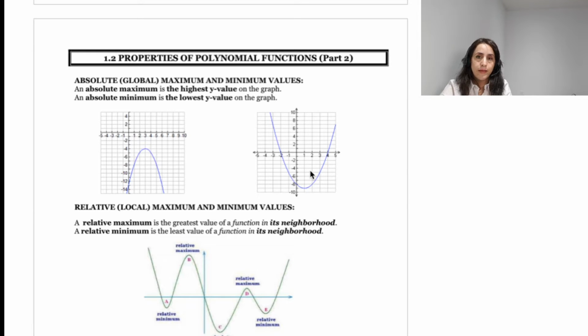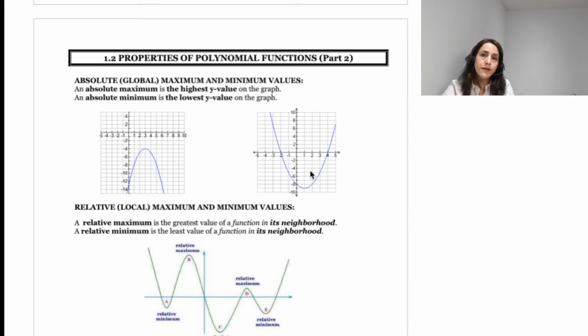If the function has a positive leading coefficient, it means that the function is going to end up at positive infinity on our right hand side. If the leading coefficient is negative, then the function is going to end up at negative infinity on our right hand side.